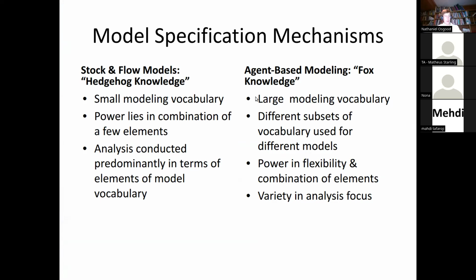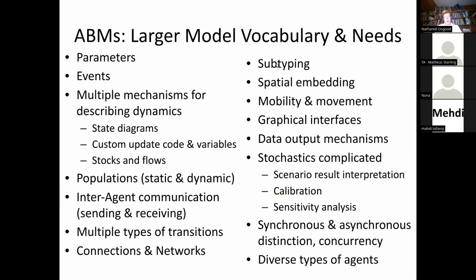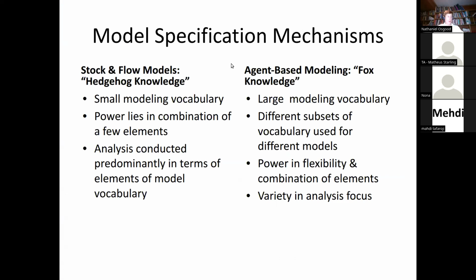So I'd like to talk about stock and flow models being kind of hedgehog models. You might think that a smaller number of building blocks, a smaller vocabulary, would mean stock and flow models are much more limited in what you can do with them. And the truth is they do have a more strict discipline and limits on some of the things you can express.